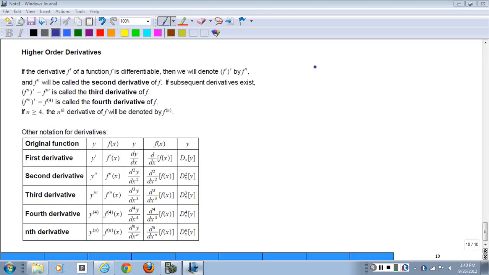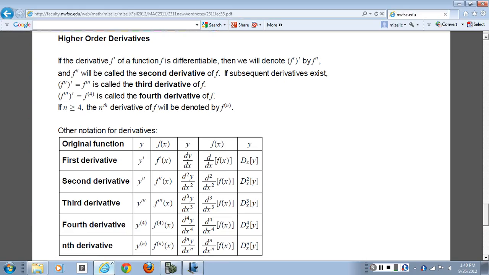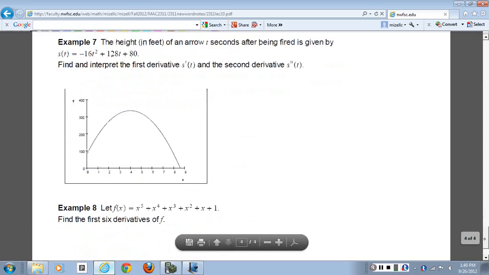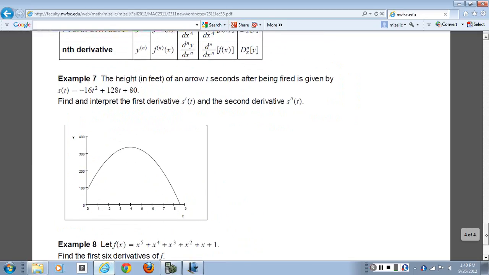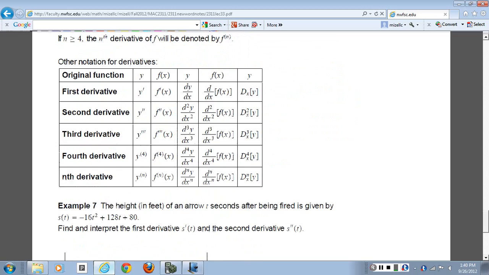Basically, if we have f of x equals, and I think I want to go ahead and look at this. Is it in terms of t? No, there's one in terms of x, there's one in terms of t. I'll let it alone.